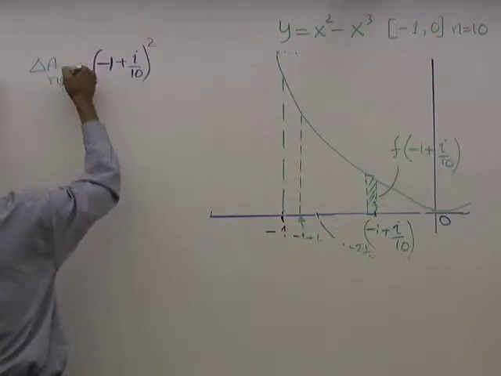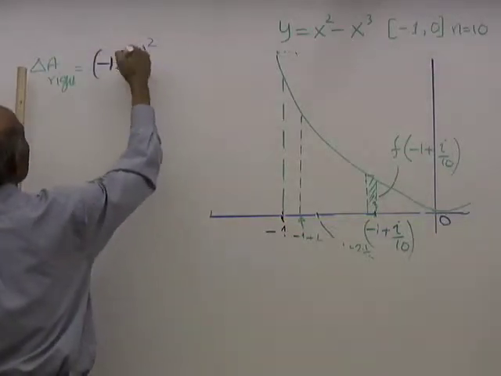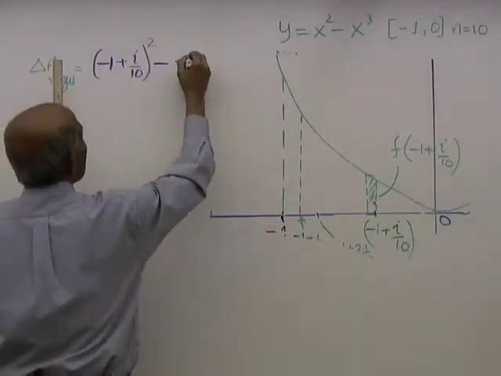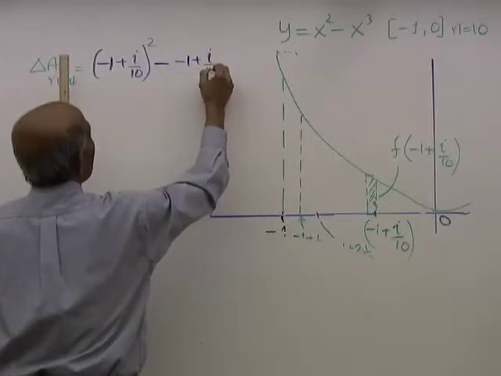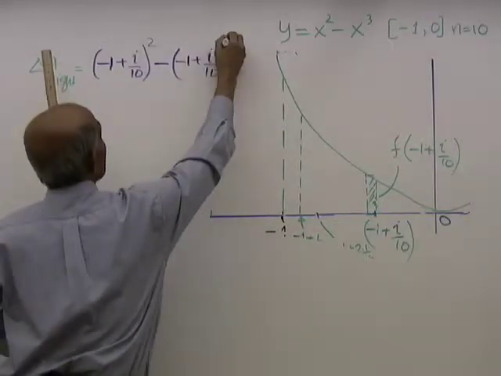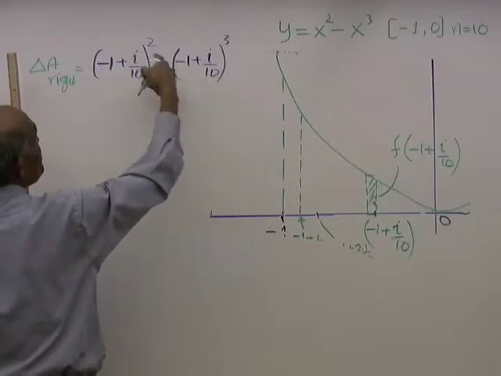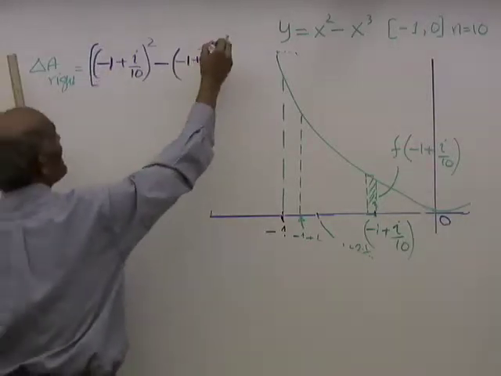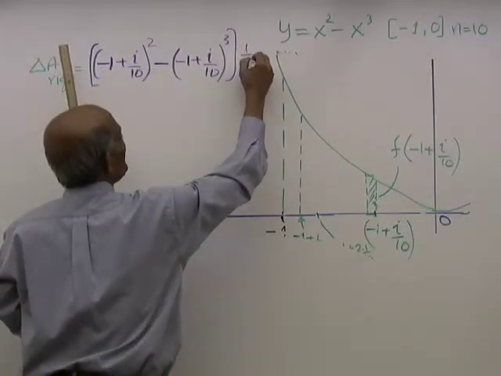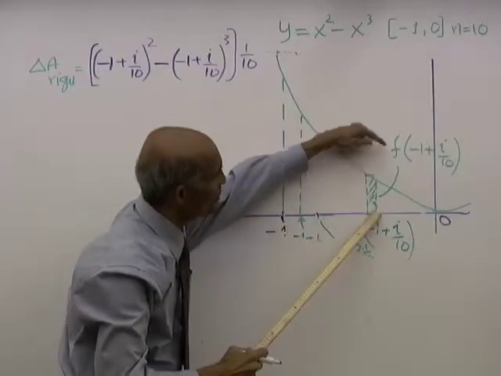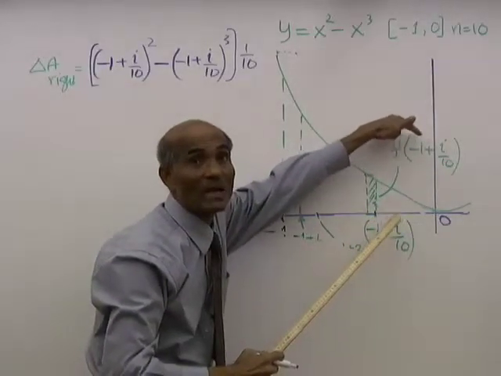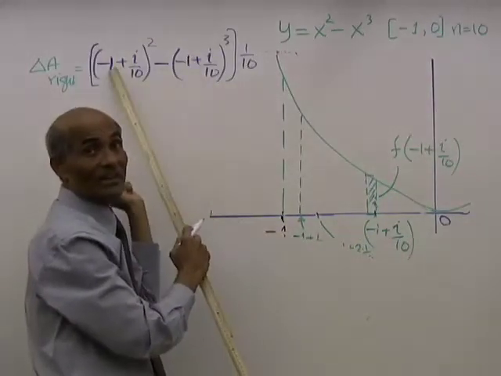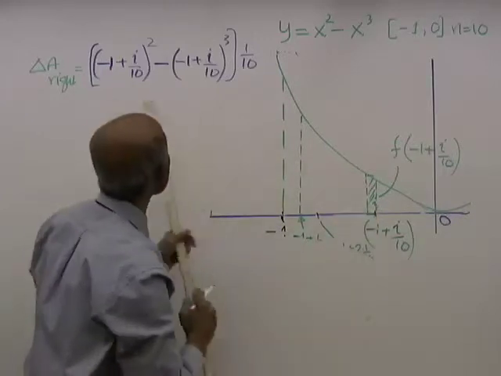That will be (-1 plus i over 10) squared minus (-1 plus i over 10) to the power of 3. That is x squared minus x cubed. This is your f of x. Now multiply that with the delta x. So height is f of -1 plus i over 10. Replace x by that quantity, you get that. Multiply that with the delta x.